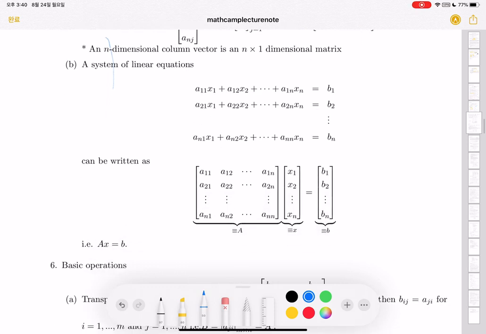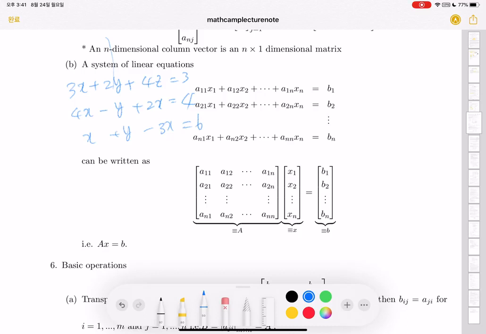Okay. Now think about the system of equations. If you are not familiar with this many variables, just use two variables or three variables, like 3x plus 2y plus 4z is 3, 4x minus y plus 2z is 4, and x plus y minus 3z is 6.